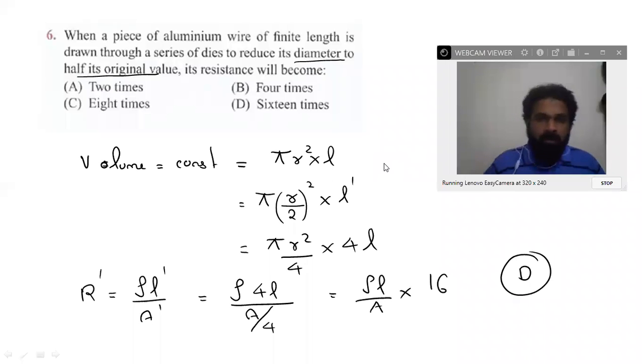You're welcome, Sadhana. Any doubt, anyone? Okay, Vishal says no doubt. Then we'll wind up. If you have any doubt, you can ask.